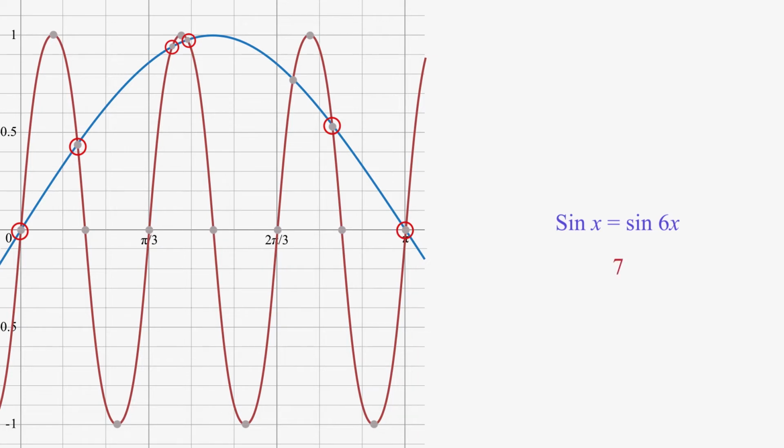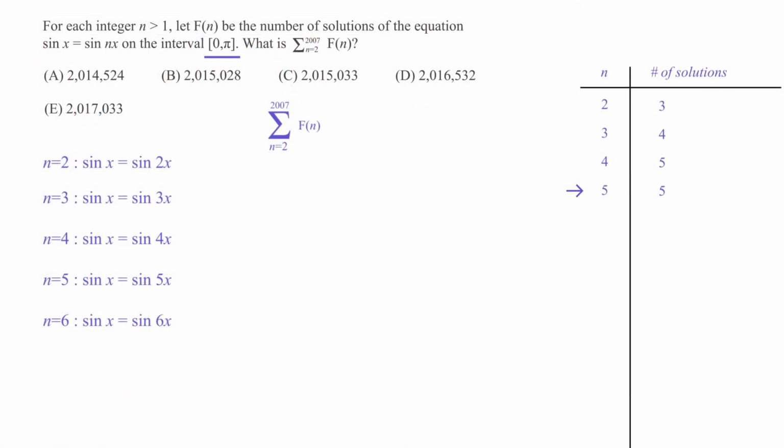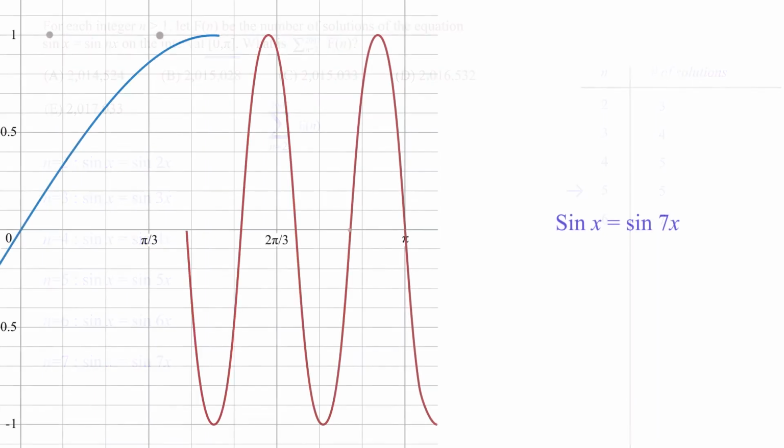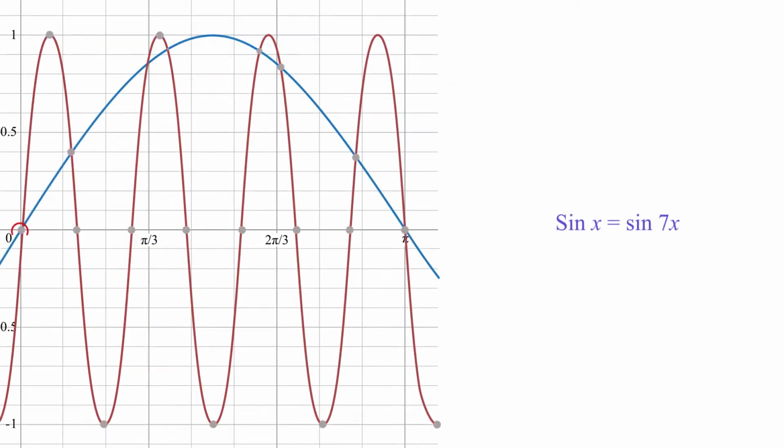So 7 intersection points there. N equals 6, we've got 7 intersection points. Now let's go to n equals 7, which is the sine of x equal to the sine of 7x. From this graph we get 1, 2, 3, 4, 5, 6, 7, 8. 8 intersection points.